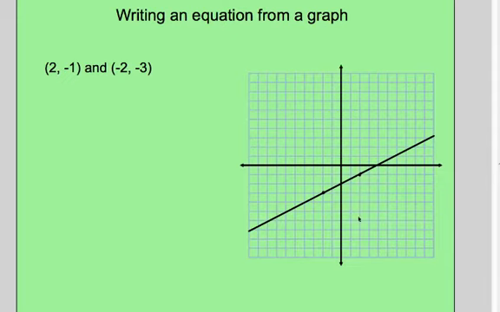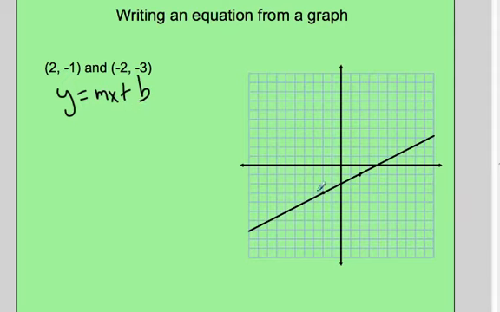And so let's think back to what we already know. We already know that you have this basic equation setup, y equals mx plus b. And with y equals mx plus b, that's our slope-intercept form.